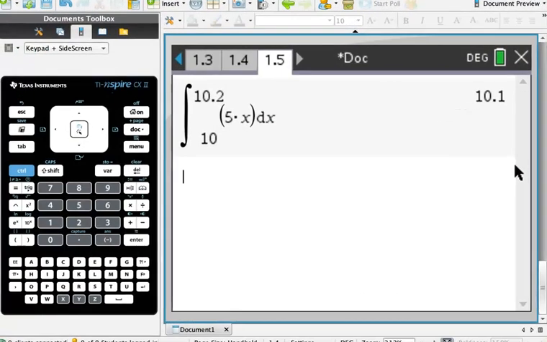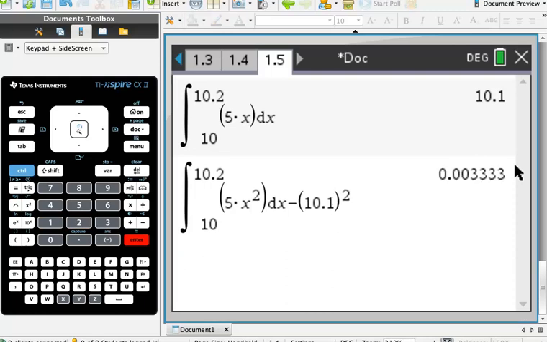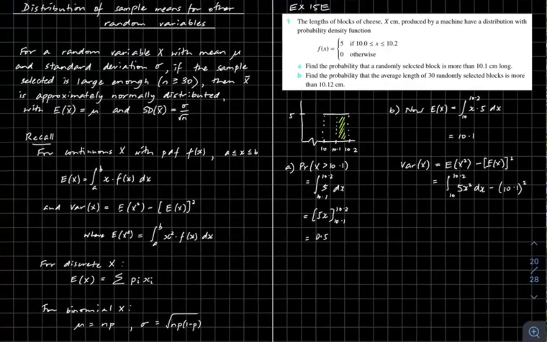So let's copy that and just change this to an x squared, and then from that we can subtract 10.1 squared. All right, so that is 0.003 recurring.